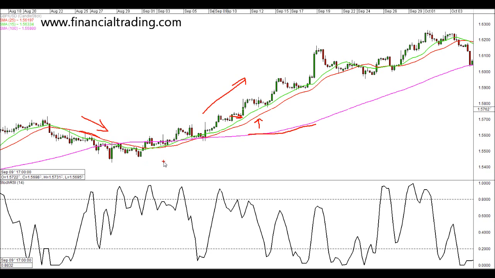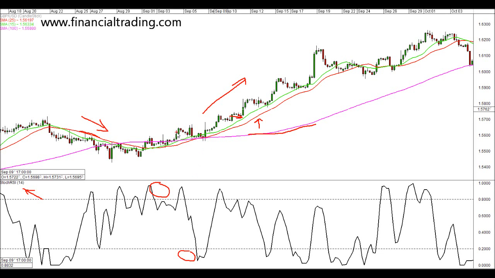I also have a stochastic, and I have the overbought and oversold zones marked. This will be another confirmation for me before I open a position long or short. Price has to be either overbought or oversold.